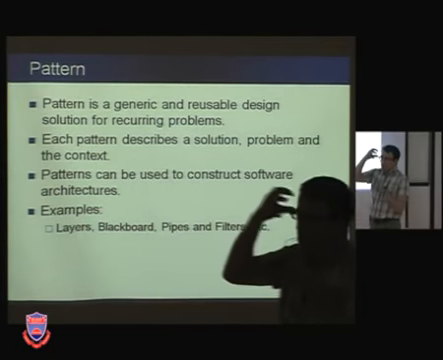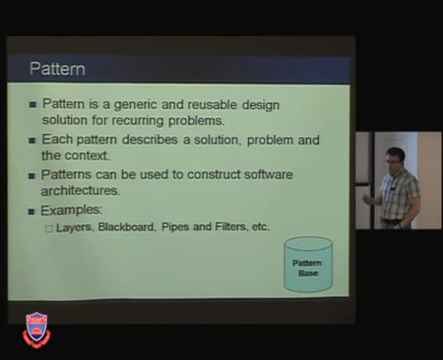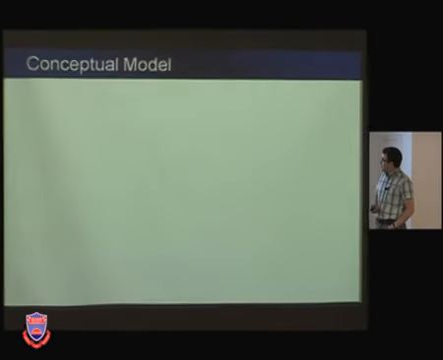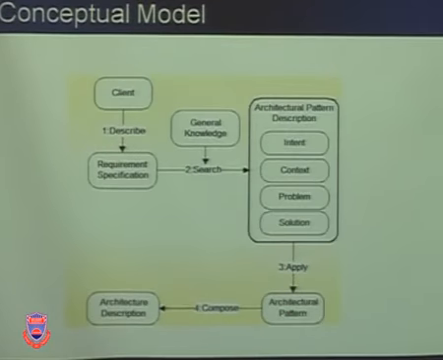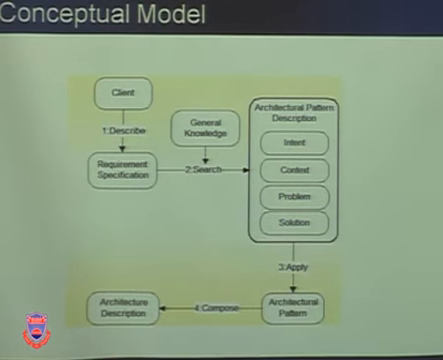But now we just look at it from the perspective of method. We have patterns, and this is the third category, a pattern-based architecture design approach. If we define a conceptual model here, we start with the client and do the requirements analysis. How do we identify patterns? In general, it is based on general knowledge.